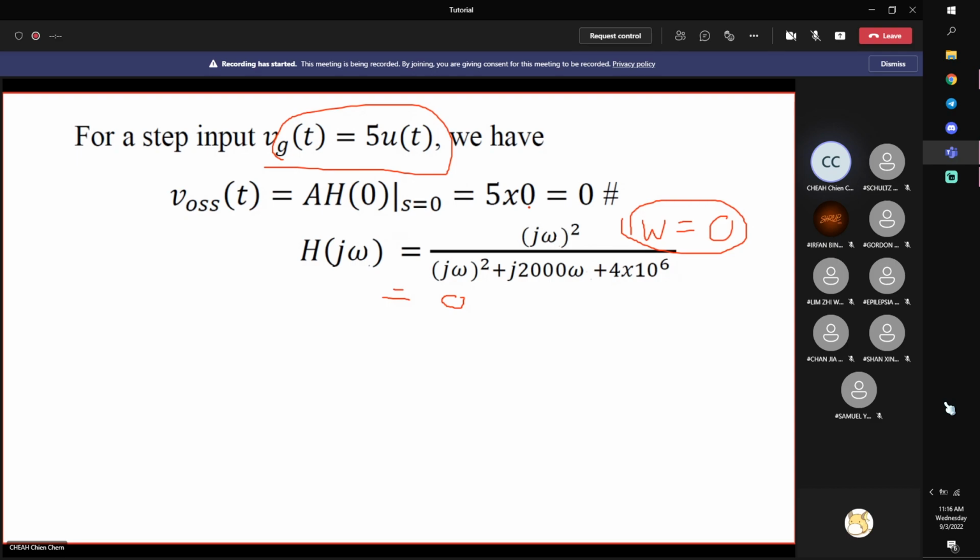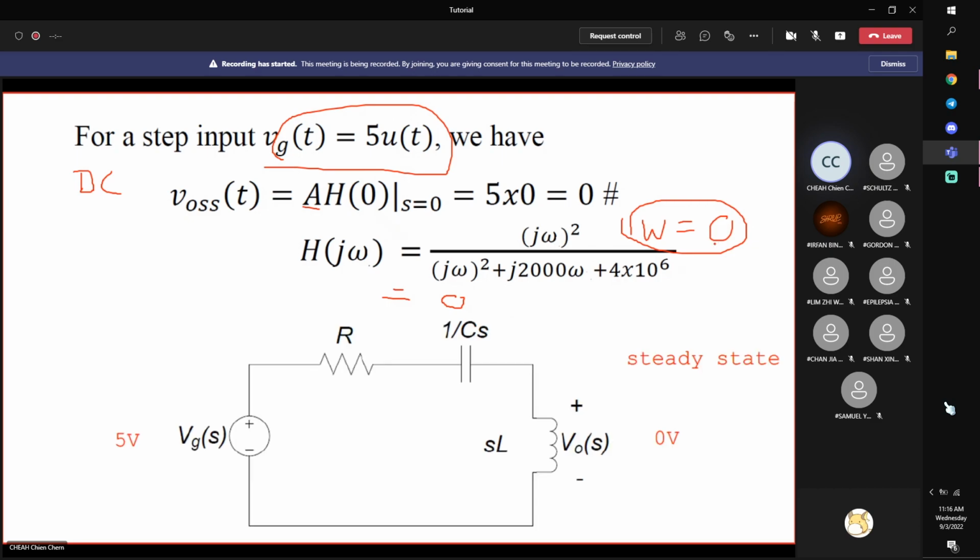Correct? Gain 0 multiplied by any input, not only 5 volts, any input will always give you 0. Okay, so this is just to let you know that DC is a special case of AC where omega is equal to 0, right? If you want to see the DC response, put omega equal to 0.